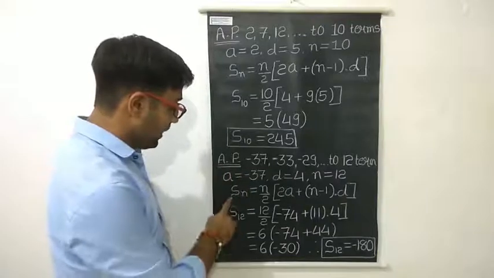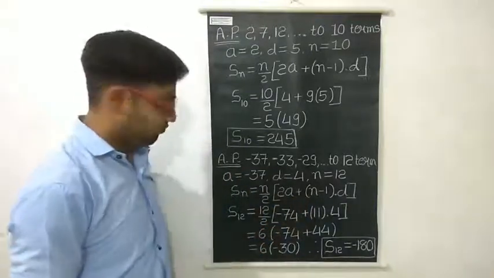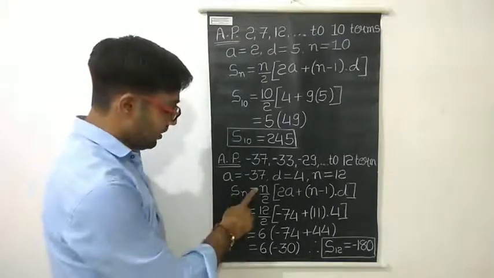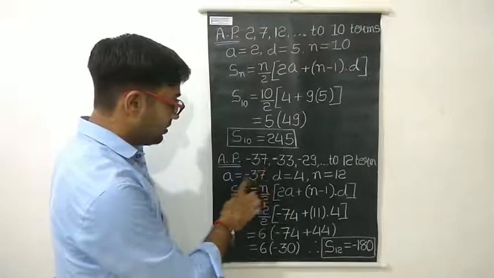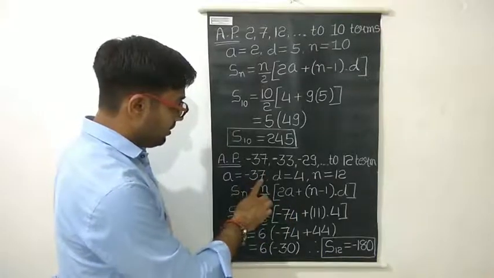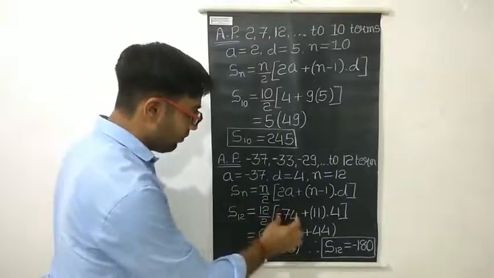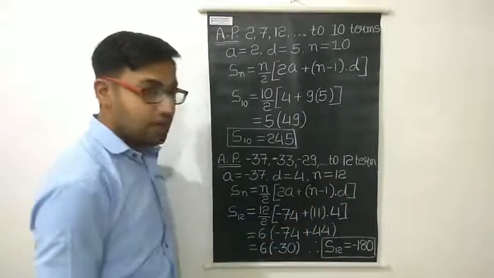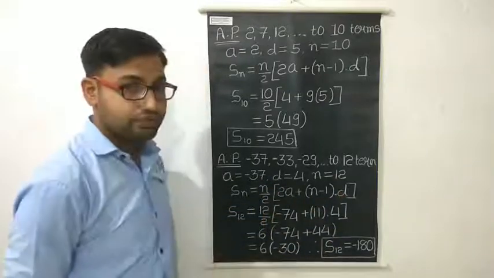So according to the formula, Sn is equal to n by 2, 2a plus n minus 1 into d. S12, because the value of n is 12. Put down the values: 12 by 2, 2a. A is minus 37, minus 37 into 2 is equal to minus 74. This is the value of 2a, plus n is 12, so 12 minus 1 is 11, 11 into d, d is 4.